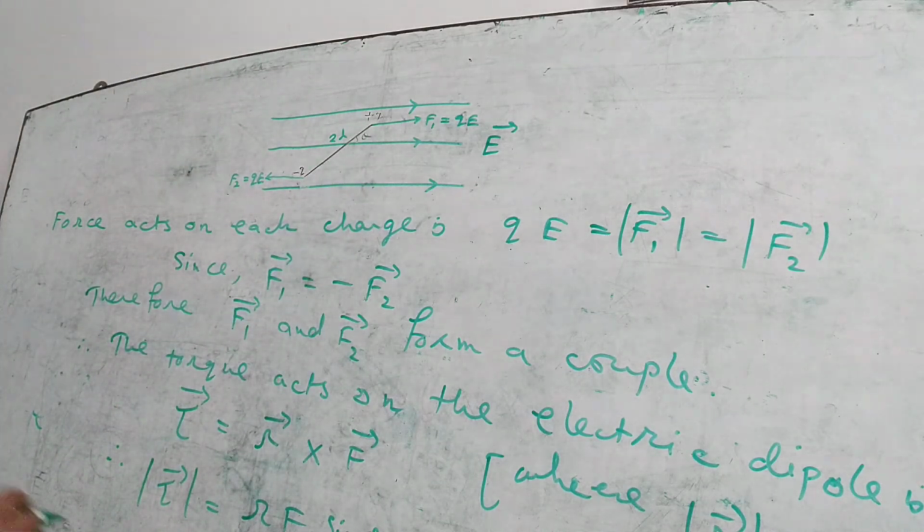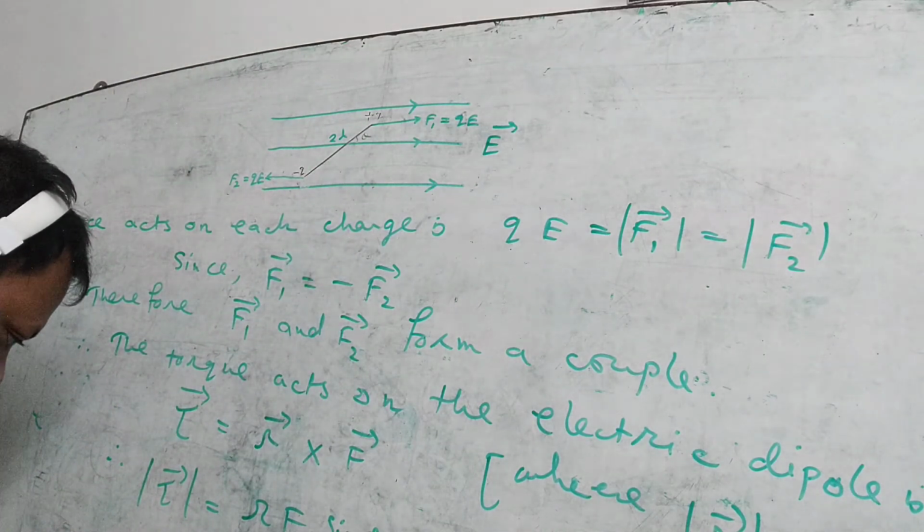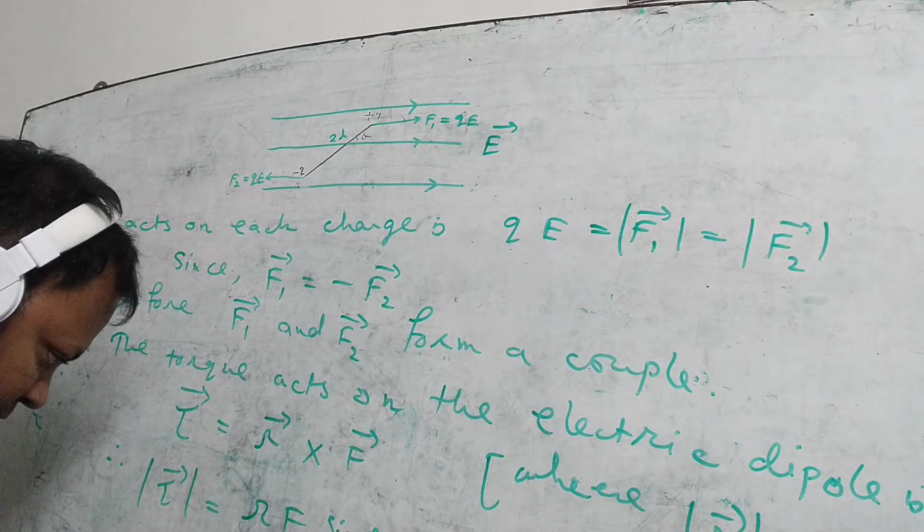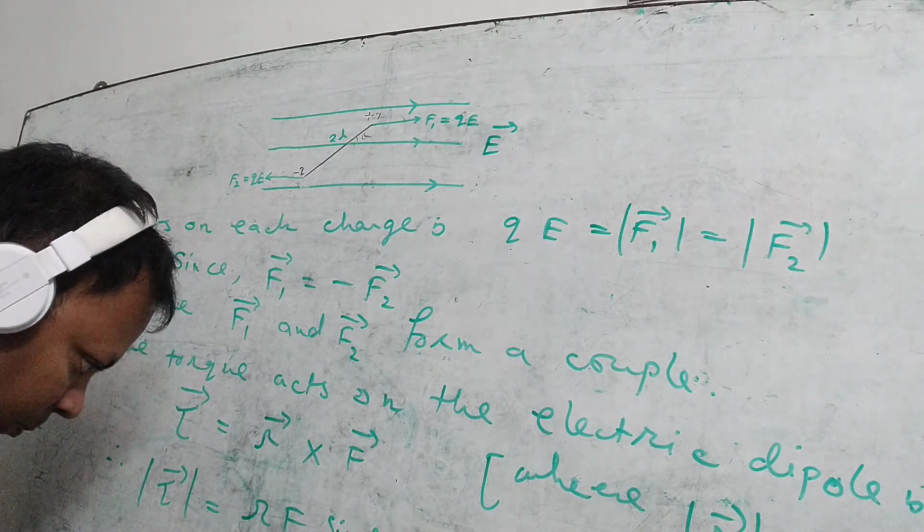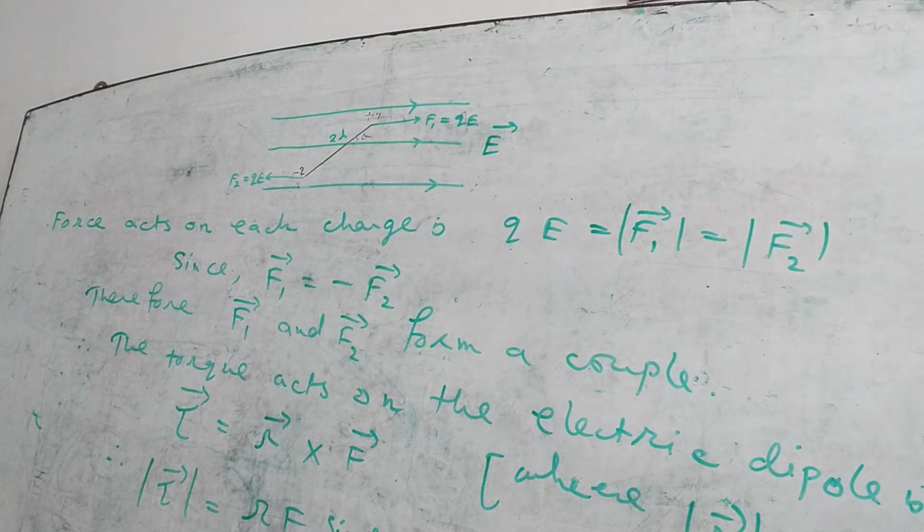In vector form, tau is equal to P vector cross E vector. This is the end of the topic.